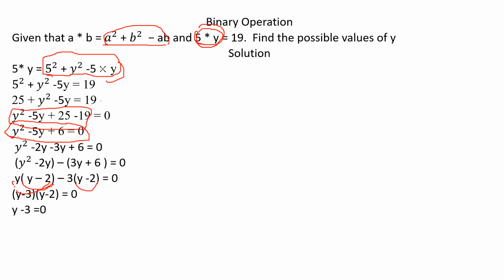Right, so we equate the first bracket to 0 and we look for y, and y is equal to 3, and we equate the second bracket to 0 and we find the value of y, which is equal to 2.